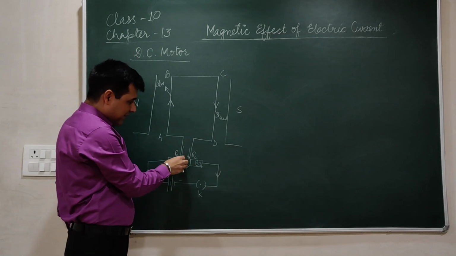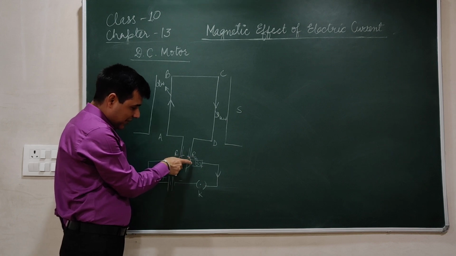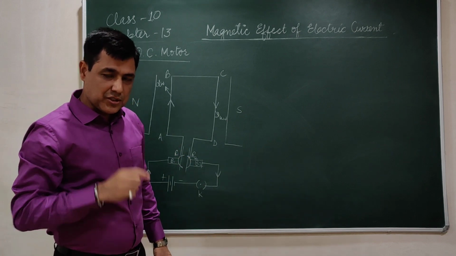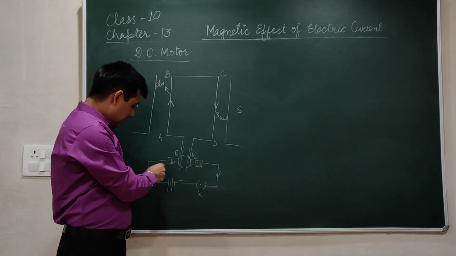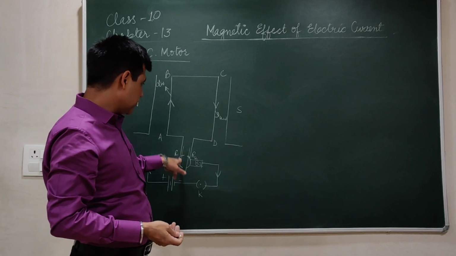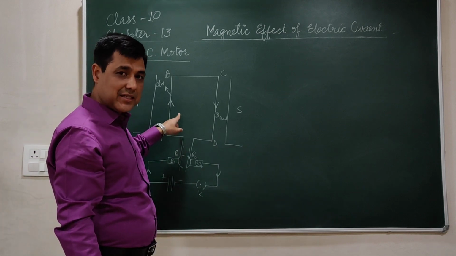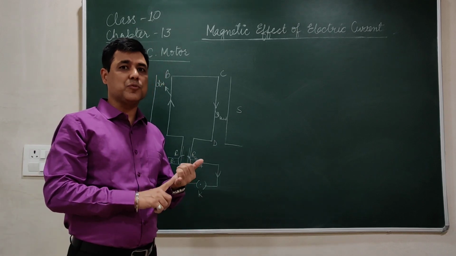Now what happens after 1/4 rotation? This insulated portion will come before B1 and B2. So if the insulated portion comes before B1 and B2, obviously the current cannot flow through the circuit, the current should stop. If the current should stop, the coil should also stop rotating, but it doesn't happen because last year in 9th class we studied inertia of motion.